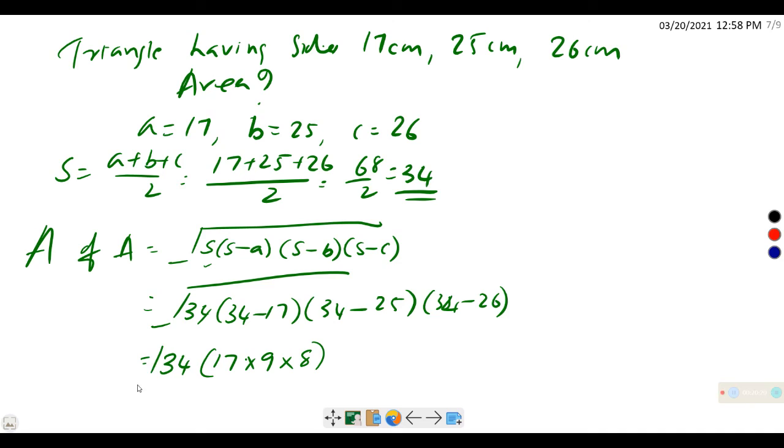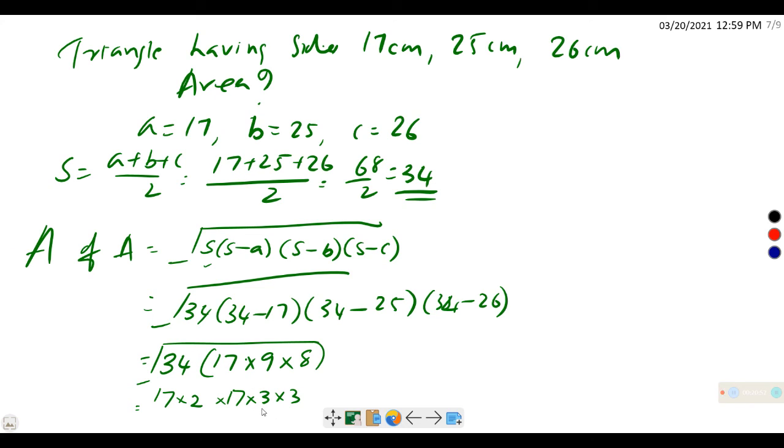You will solve this and find out the root of it. Sometimes luckily it will be easy for you, sometimes difficult. Here it is 34, 17, 9 and 8. 34 can be written as 17 into 2, and we are having 17 into 2. 17 into 9 can be written as 3 into 3.